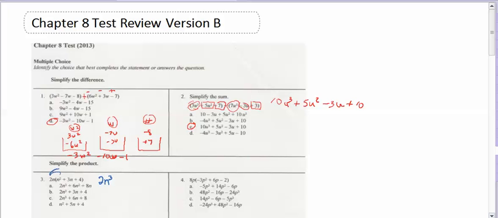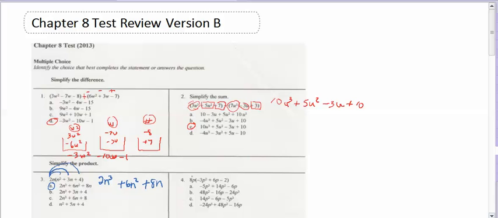Then you're going to multiply this. 2 times 3 is 6, and I have n to the second, because n and n is n to the second. And then 2 times 4 is 8, 8n. They're all different terms, and that's my answer. And then I'm looking for that. We have 2n to the third, 6n to the second, 8n, and it's letter A.